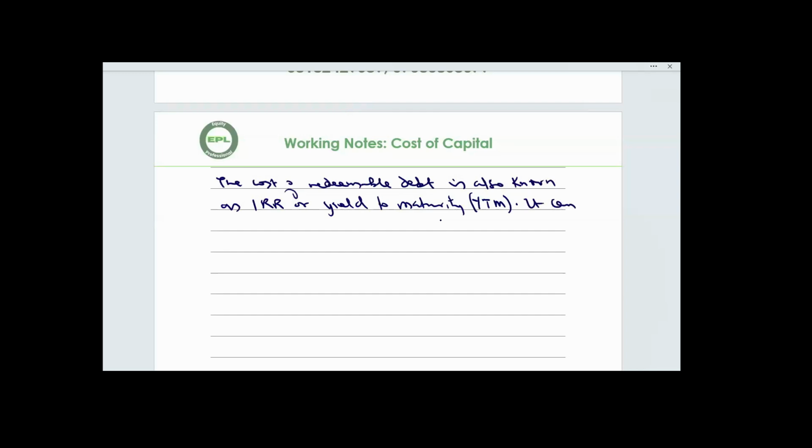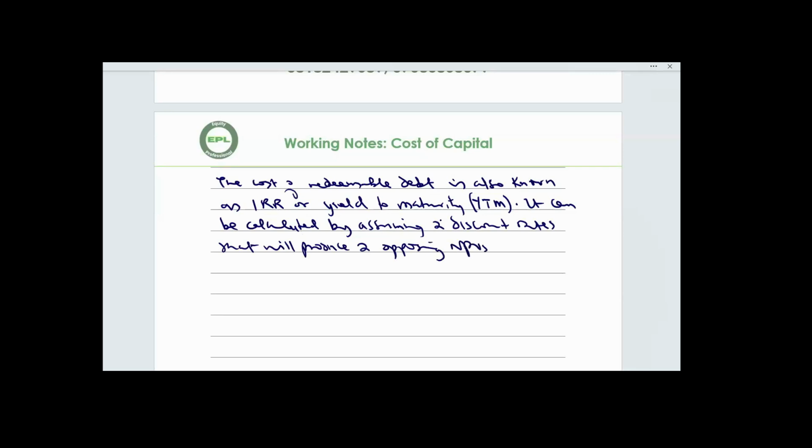It can be calculated by assuming two discount rates that will produce two opposing NPVs, that is a positive NPV and a negative NPV, and then interpolating into the IRR formula as given below.